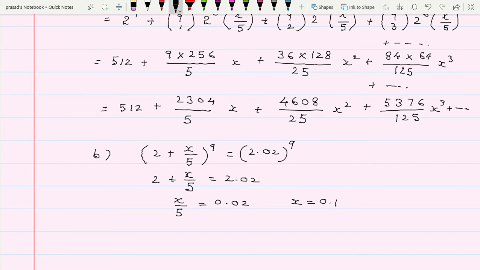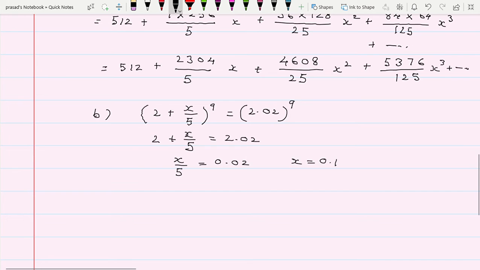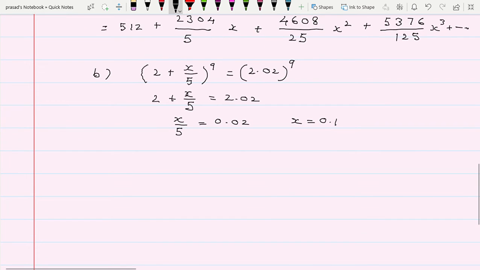So x will be 0.02 into 5, that is 0.1. That means in part A, in the expansion of the 4 terms I have got, if I put x as 0.1, I will get the estimated value of 2.02 to power 9. So let me put x equal to 0.1 in the expansion.